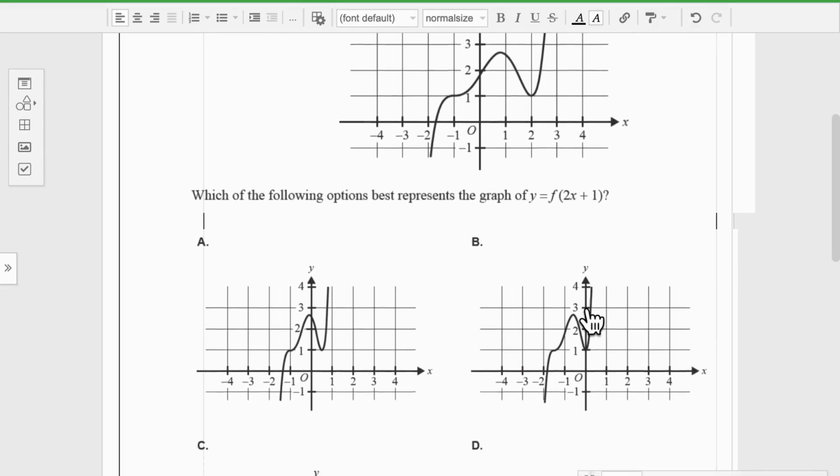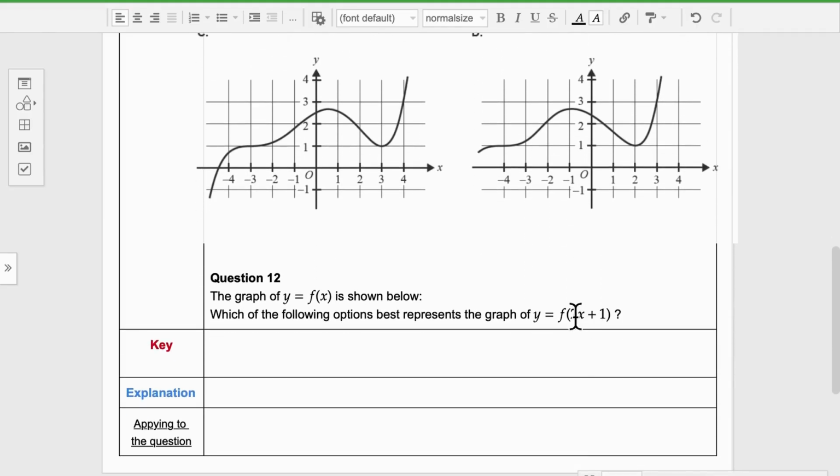Before answering this question, let us look at the key that we need to understand.